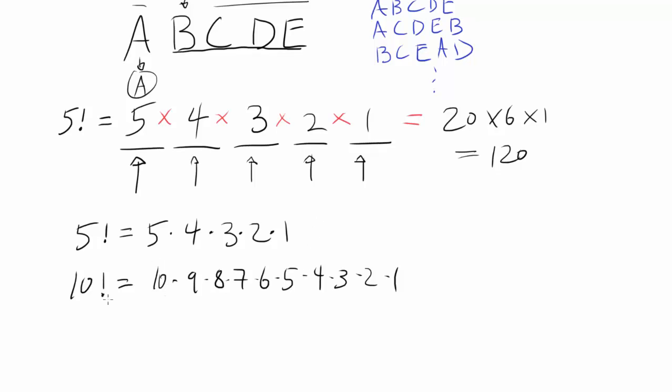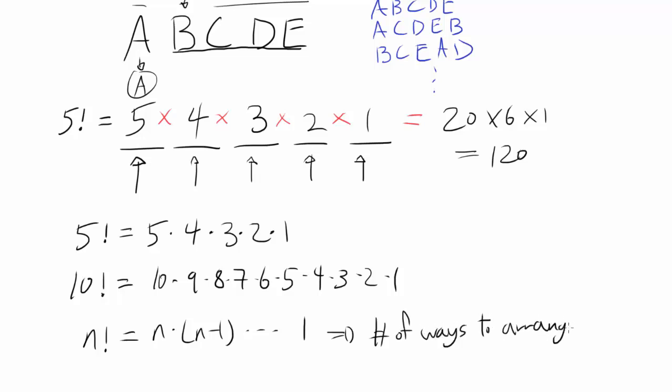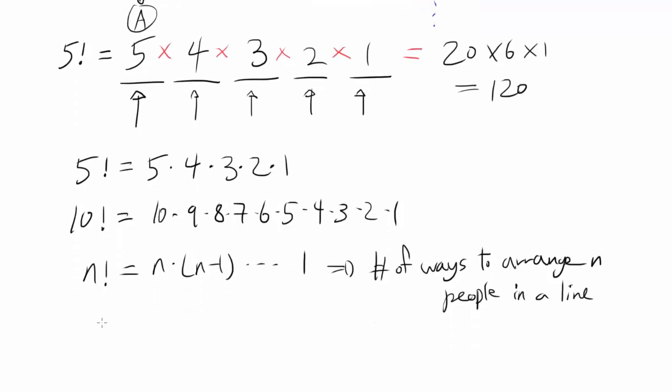So n factorial is n times n minus 1 all the way to 1, and it is the number of ways to arrange n people in a line. It doesn't have to be people, it can be objects in a line. So 5 factorial is the number of ways to arrange 5 people in a line, and 10 factorial is the number of ways to arrange 10 people in a line.